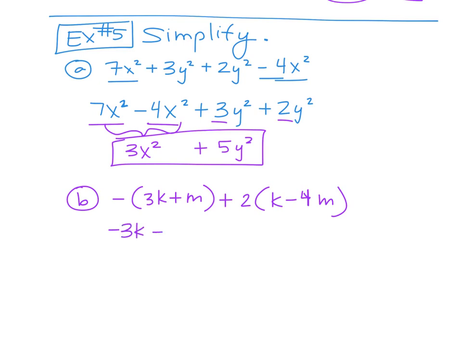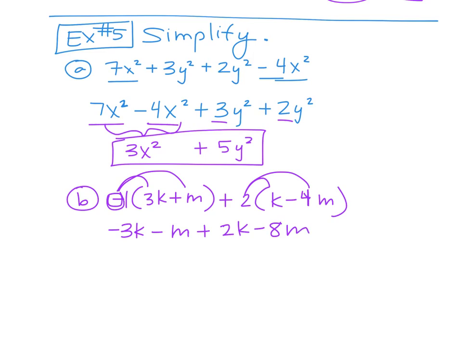Negative 3k minus m, right? This is essentially a negative 1 that you're distributing to both of those. So negative 3k minus m. Please don't forget about that negative out in front, because that's where the mistakes get made. And then you would distribute this 2k and then minus 8m.